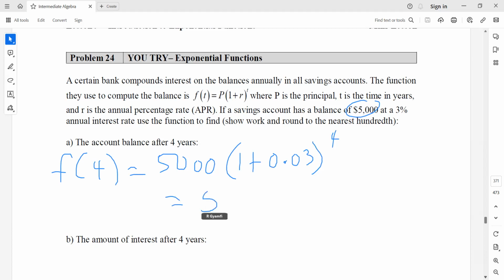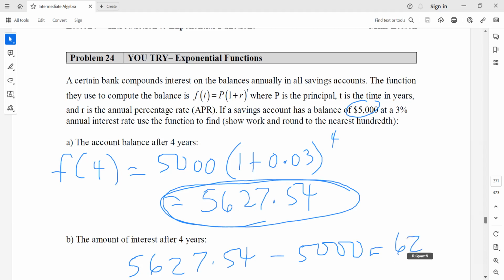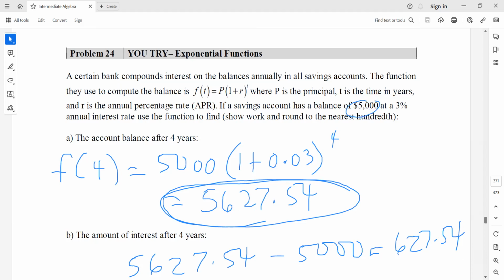This should give us 5,627.54. What about the amount of interest after 4 years? So we know the amount after 4 years. So you subtract, right? 5,627.54 minus 5,000. What do you get? 627.54. So the interest earned after 4 years is that.